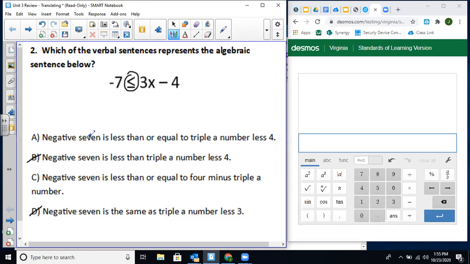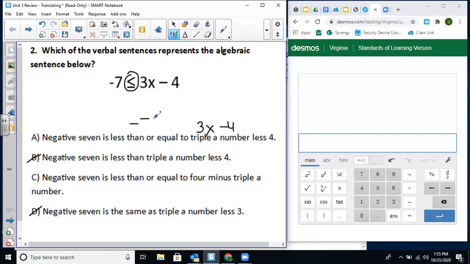This one states -7 is less than or equal to triple a number less 4. This one states -7 is less than or equal to 4 minus triple a number. Okay, if I was to write A, I would have -7 is less than or equal to triple a number. Now we could use 3 for triple a number, and then we could use less as subtract 4.